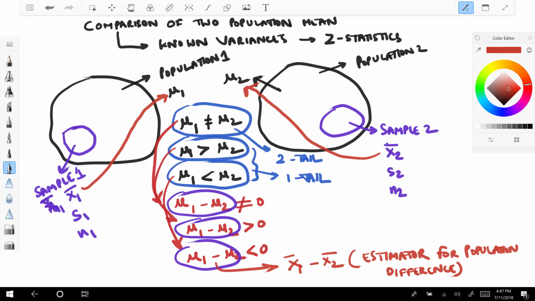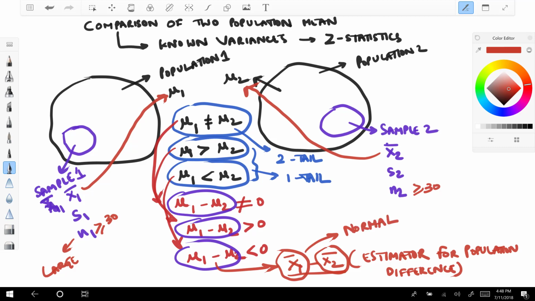If the sample sizes we take are large enough, say N1 greater than or equal to 30 and N2 greater than or equal to 30, we can invoke the central limit theorem and say that the samples will behave normal. That means x1 bar minus x2 bar will also have a normal distribution.